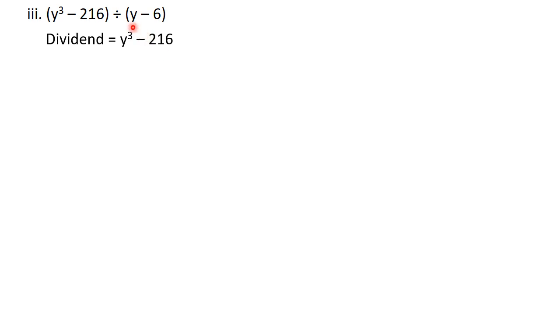Now here the degree is 3 and we have only 2 terms. Actually we should have 4 terms. That means some terms are missing. The dividend is not in index form. So write it down in index form first of all. Write down the missing terms. So it will be y cube plus 0y square plus 0y minus 216.